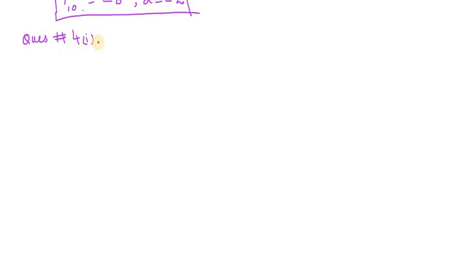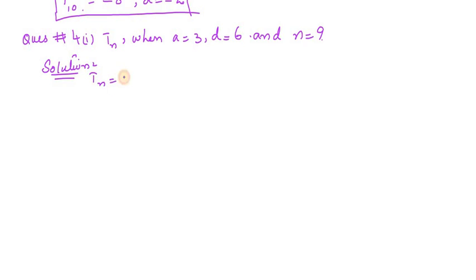You have to find Tn when the first term a is equal to 3, the difference d is equal to 6, and the number of terms is n. So we use the nth term formula: Tn is equal to a plus n minus 1 of d.